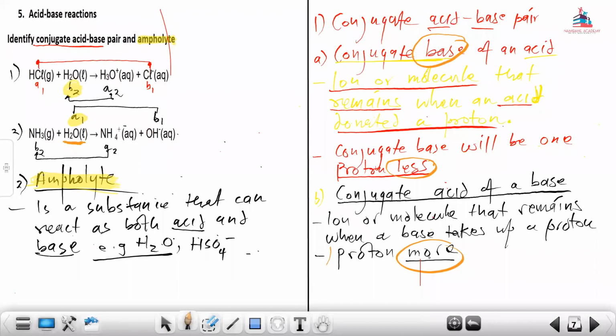So don't define Lowry-Bronsted in terms of the acid. Basically just say after the acid has donated, whatever I am left with is going to be a base. Understood, sir. Thank you very much.